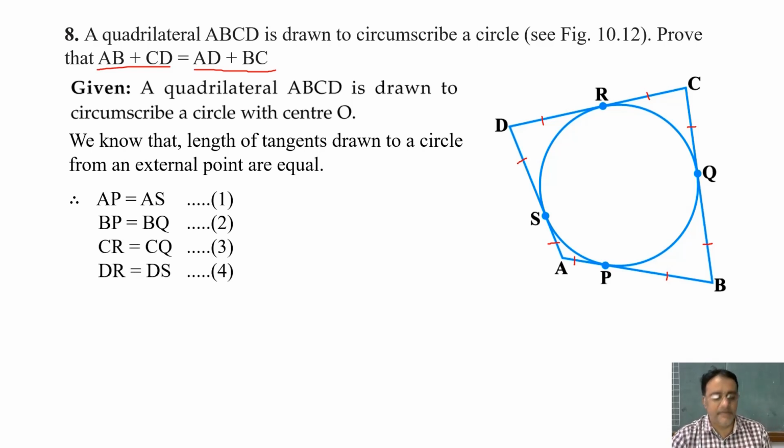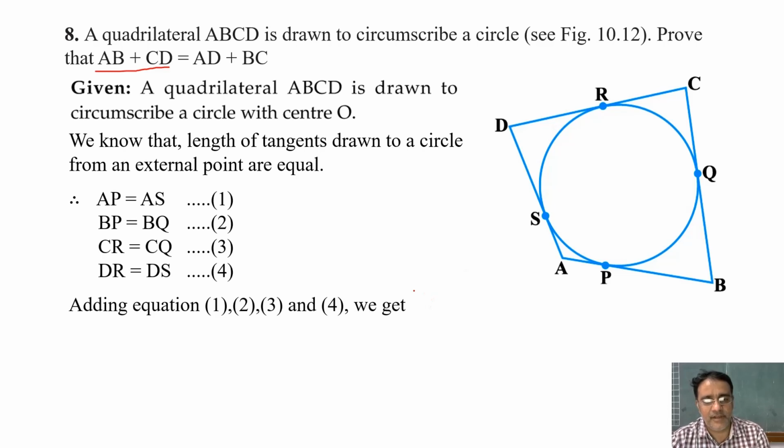No, sir. Okay. Now we'll take the left hand side, that is AB plus CD. How will you break up AB? AP plus PB. Right. Or similarly CD we can break up as CR plus DR. The other way is to add all the equations.